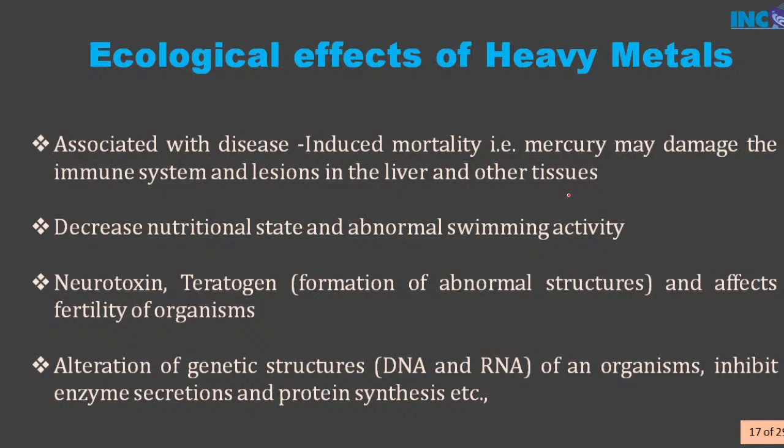It will alter the genetic structure of animals in the form of deoxyribonucleic acid or ribonucleic acid. In the pairing, the AT pair and GC pair, adenine and thymine, will be greatly affected. It will also reduce enzyme secretion as well as protein synthesis.